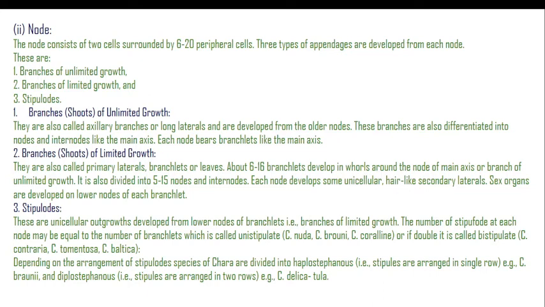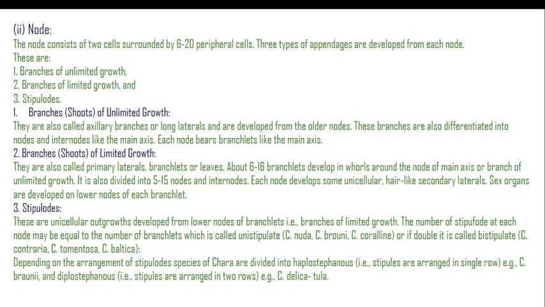These branchlets or leaves possess 6 to 16 branchlets which are developed in whorls around the nodes of the main axis or branch of unlimited growth. It is also divided into 5 to 15 nodes and internodes.